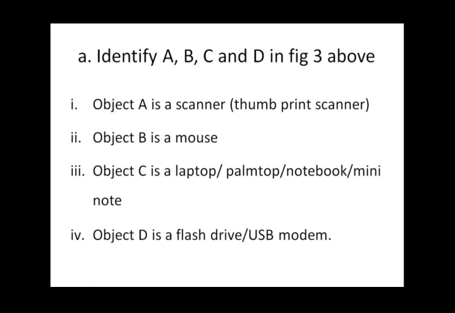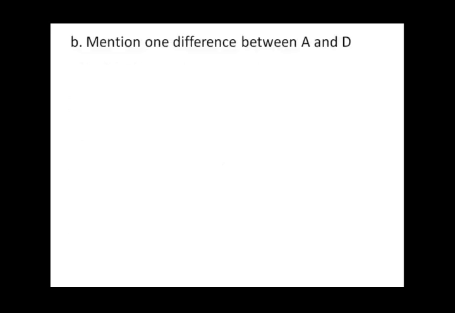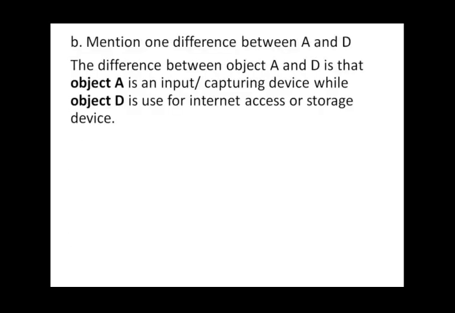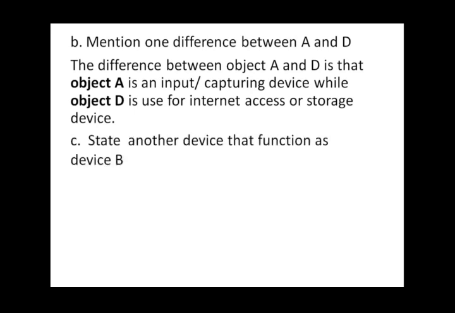Object D is a flash drive or USB modem. Mention one difference between A and D. The difference between object A and D is that object A is an input capturing device, while object D is an internet access or storage device.